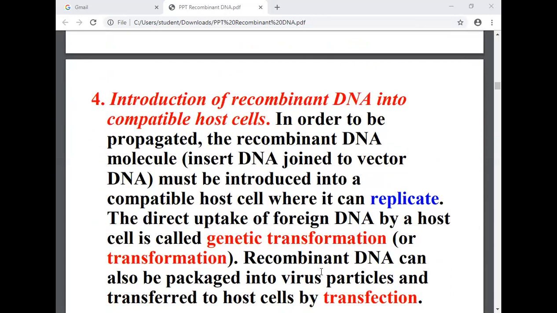The fourth step is introduction of the recombinant DNA into a compatible host cell, where it will replicate itself and we can get them.